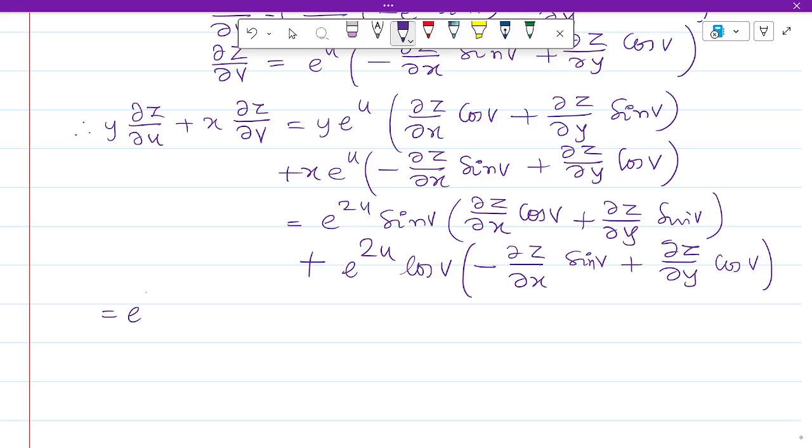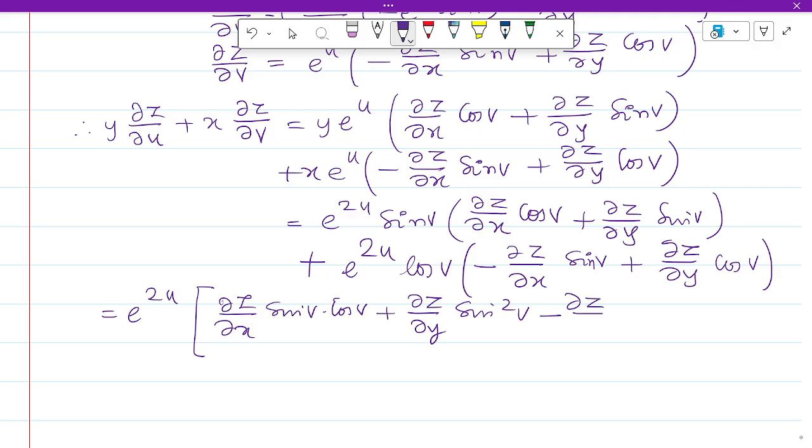Therefore e^2u I can write outside, then multiply inside that sin v and cos v: ∂z/∂x sin v cos v plus ∂z/∂y sin² v, minus ∂z/∂x sin v cos v plus ∂z/∂y cos² v.